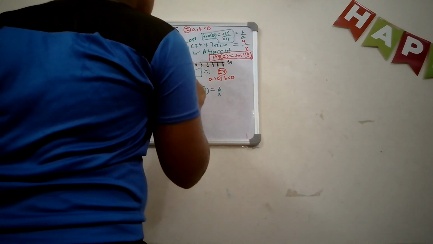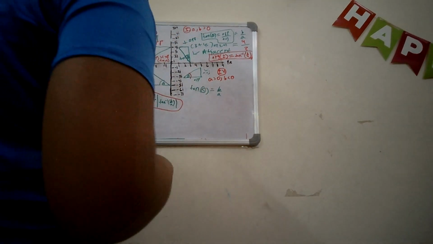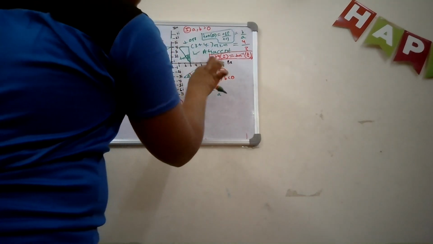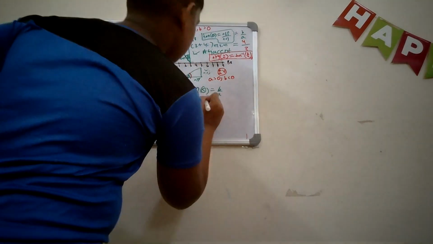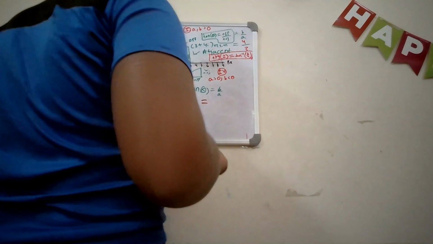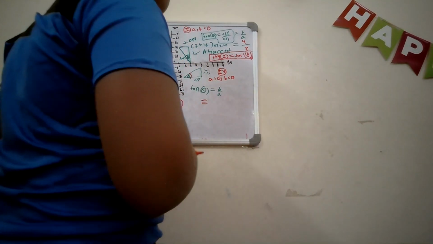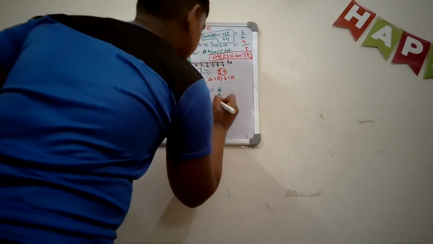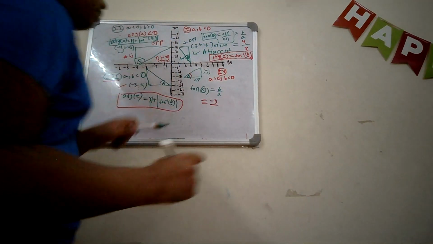Clear? Let's plug in the values. What is b here? The point for b is negative 3. Negative 3 over a. What is a? 5.